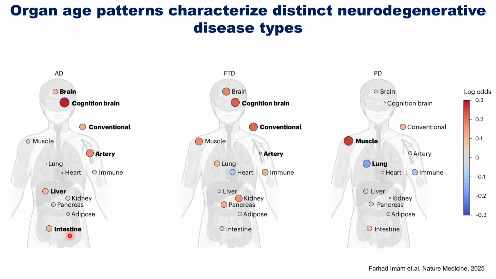I had not imagined this information. And in the case of dementia, it's the cognition brain and artery. Then in Parkinson's, muscle is expected, but also lungs, maybe because ultimately it has to function in a muscular way, but Alzheimer's was totally surprising to me.